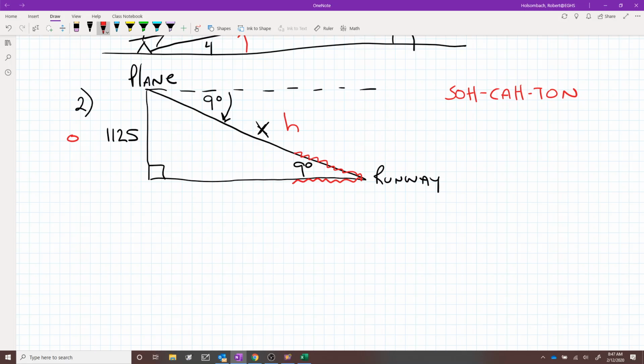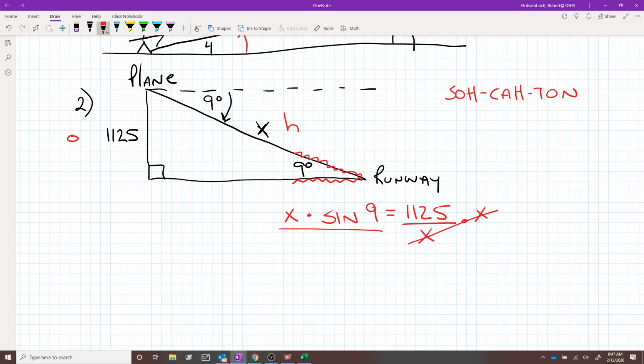So your setup is sine of 9 equals the opposite side, which is 1125, over the hypotenuse, which is the variable x. So you multiply both sides by x. These will cancel.